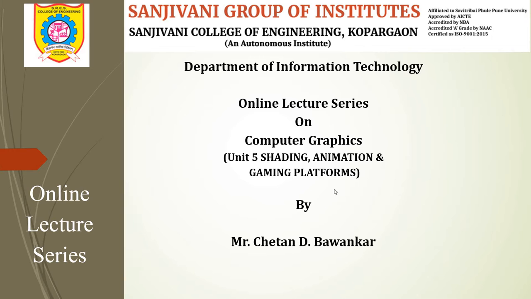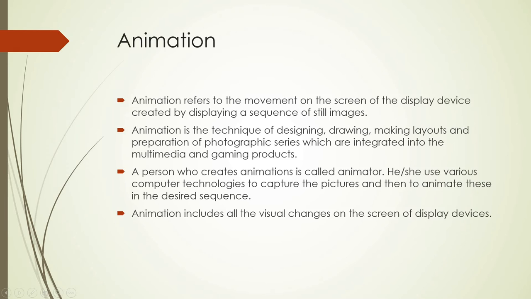So what is animation? Animation is nothing but a moving picture. Animation refers to the movement on a screen of a display device created by displaying a sequence of still images. As we have discussed previously, animation is nothing but still images, but those still images are in motion.